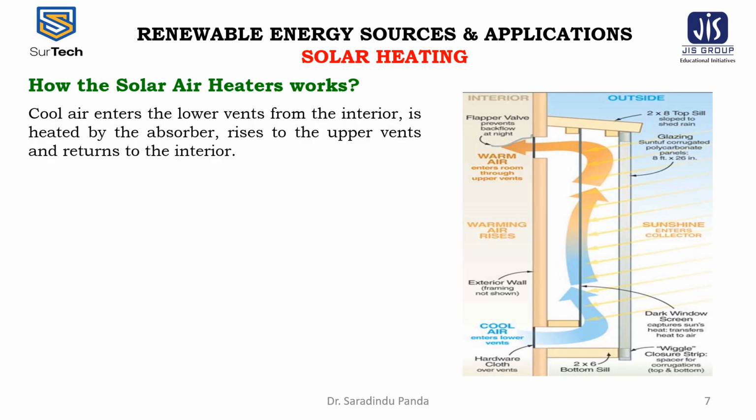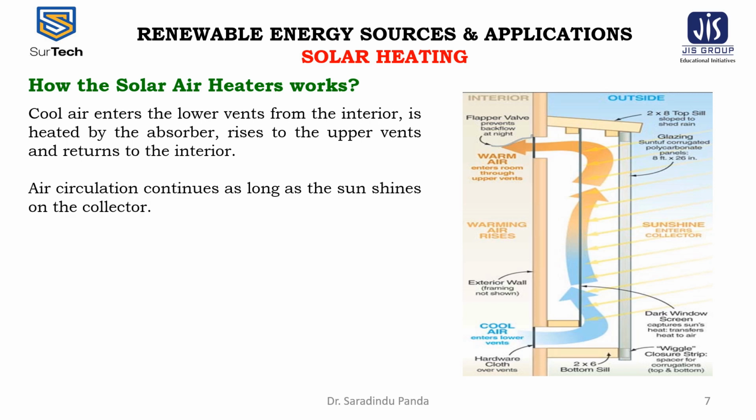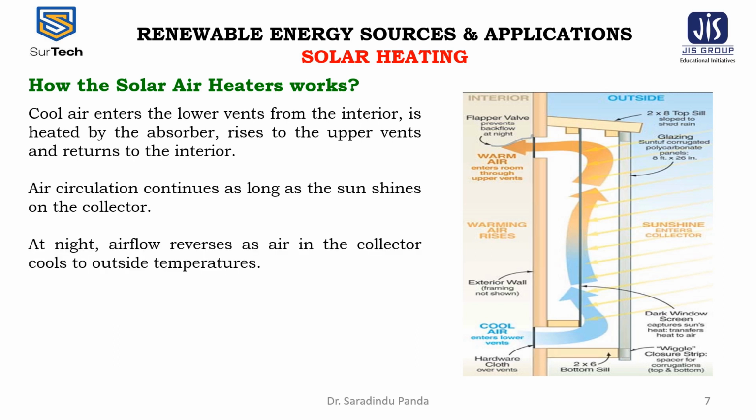Cool air enters the lower vent from the interior as shown in the figure, is heated by the absorber, rises to the upper vents and returns to the interior. Air circulation continues as long as the sun shines on the collector.